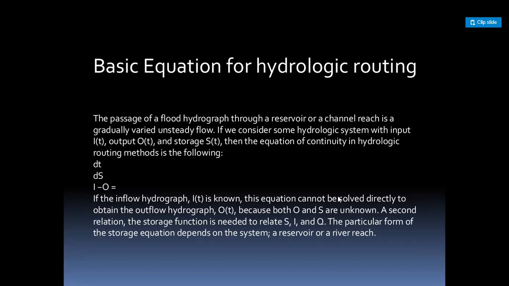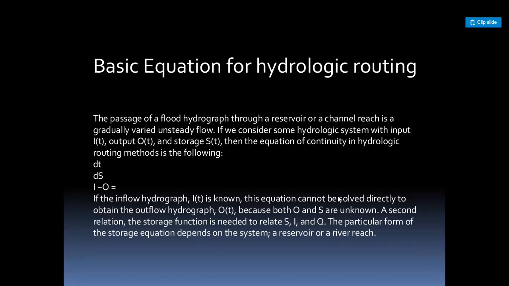If we consider some hydrologic system with input I(t), output O(t), and storage S(t), then the equation of continuity in hydrologic routing methods is the following: I minus O is equal to dS/dt.